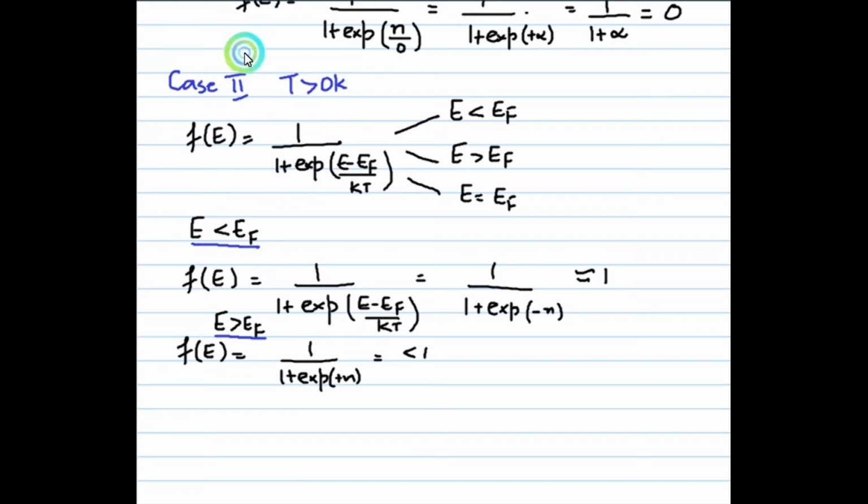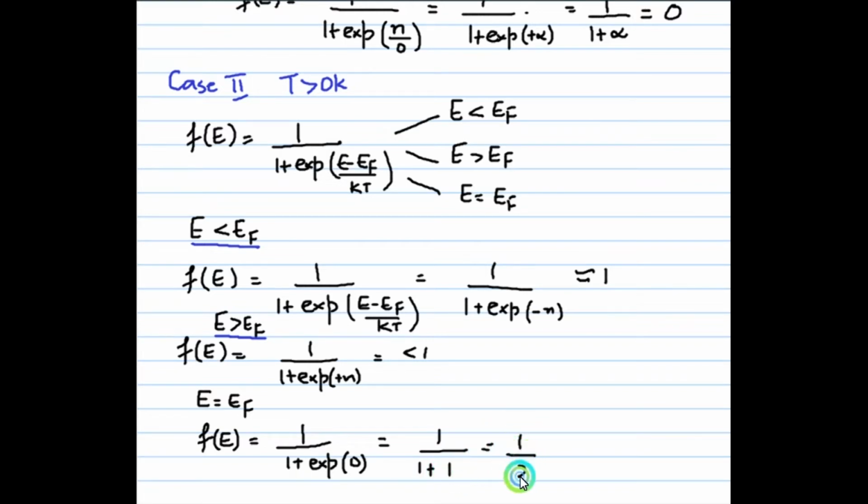Now when E is equivalent to EF, our f of E will be 1 divided by 1 plus exponent of E minus EF, which is simply 0. So it is 1 divided by anything raised to the power of 0 is 1, and this comes out to be the value of 1 by 2.